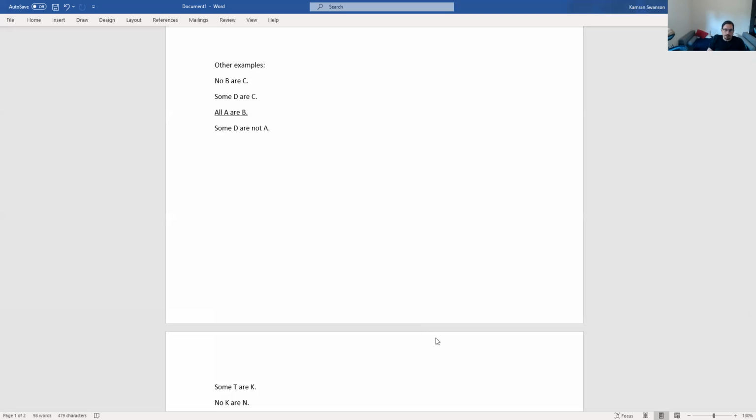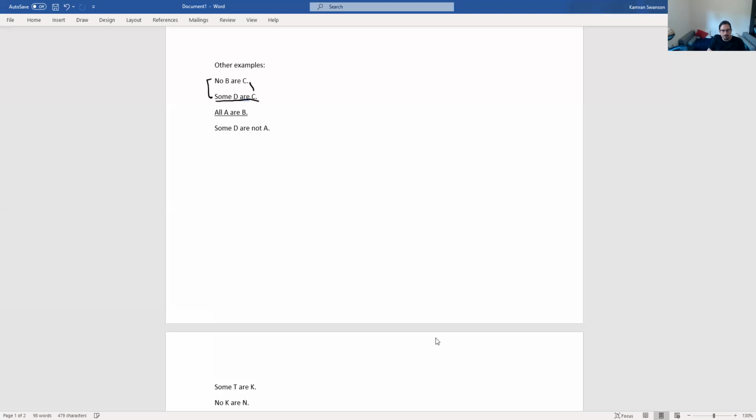Let's pick this one apart again. Just like before, we're going to look at the first two. Now we do have an E statement and an I statement. There is what appears to be a middle term here, so this is a candidate for being the first two premises.